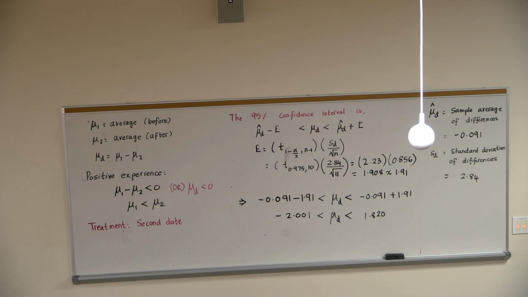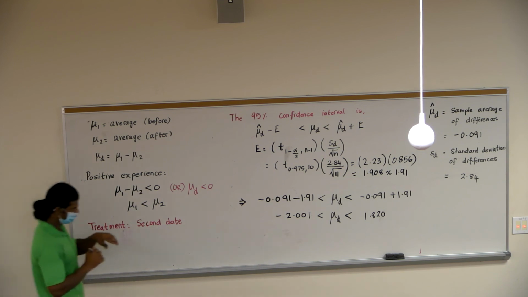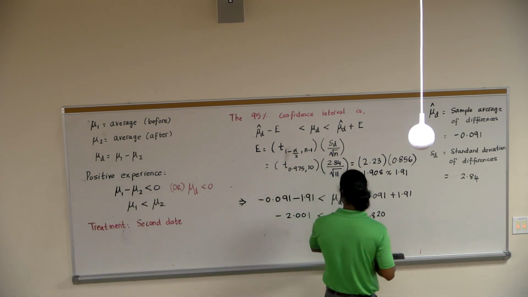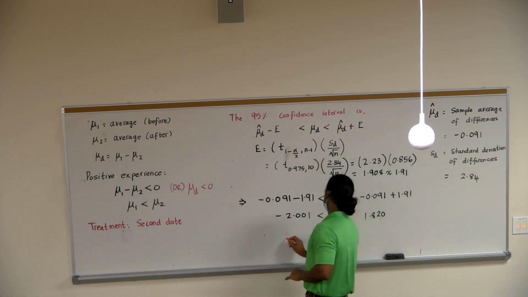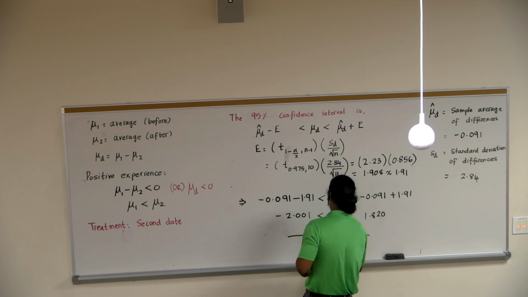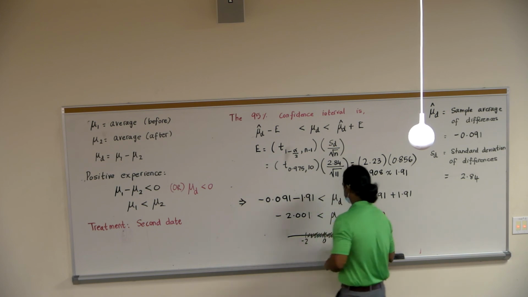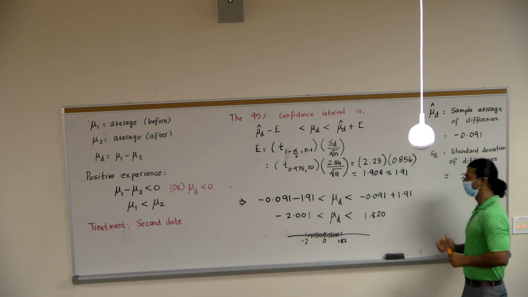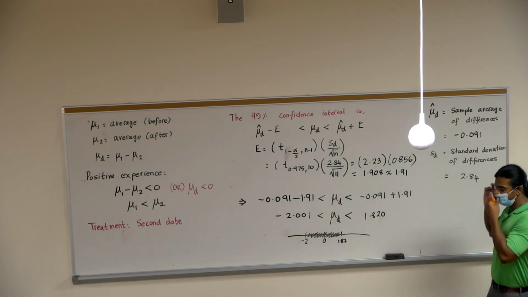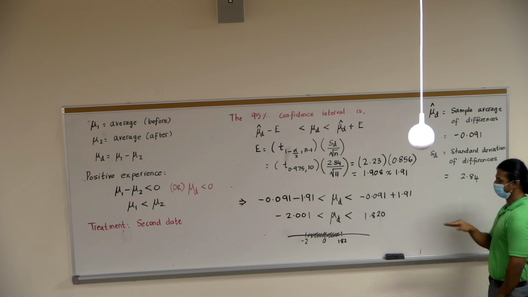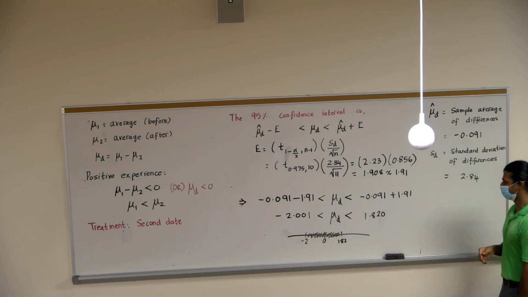Why? 0 falls between negative 2 and 1.82. So if you want to visualize, you have 0 here, negative 2, 1.82. So our interval for the difference is right here. And since 0 falls right in the middle, we cannot conclude that it is less than 0.